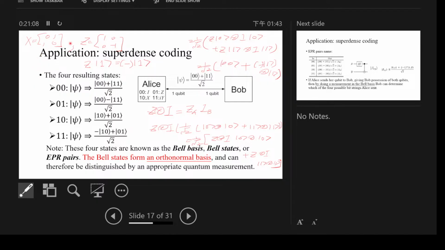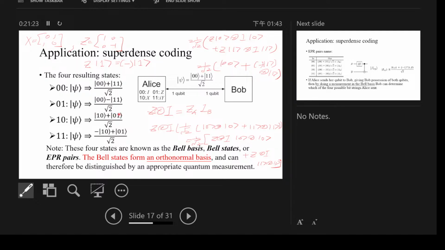And similarly, if you have a 0, 1 vector multiplied by the X gate, you become the 1, 0 vector. That's from ket 1 to ket 0. So X will do this.